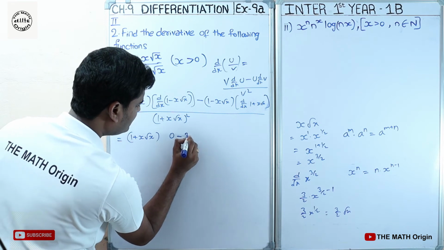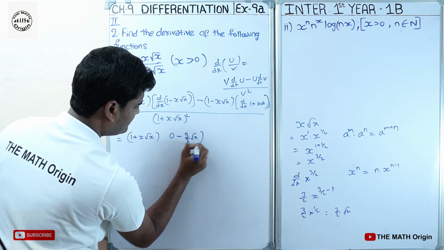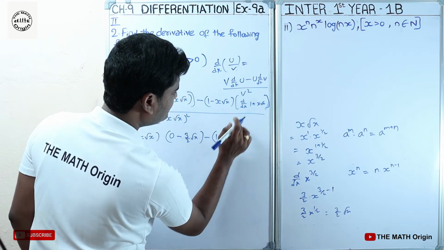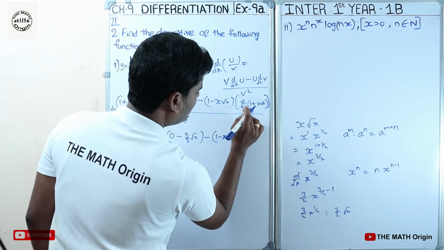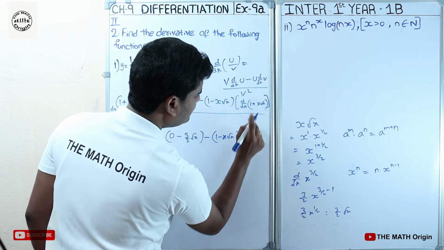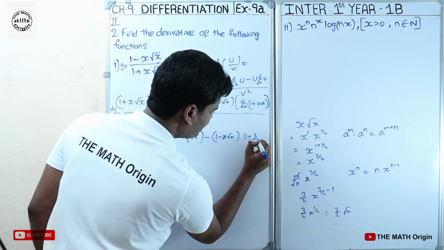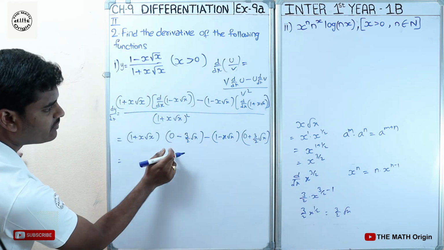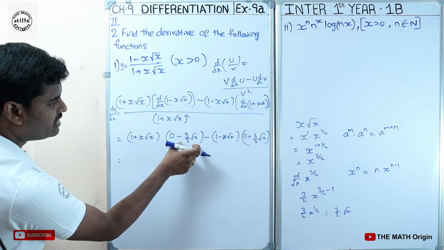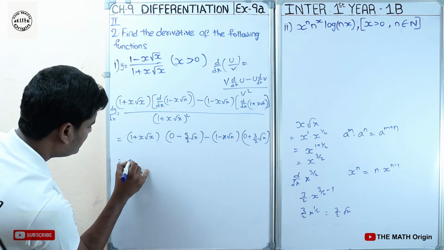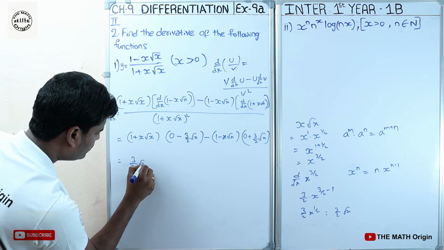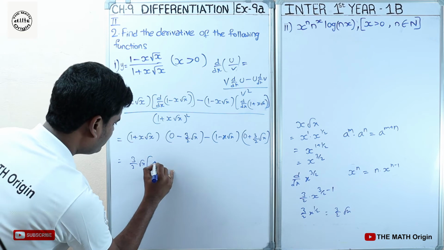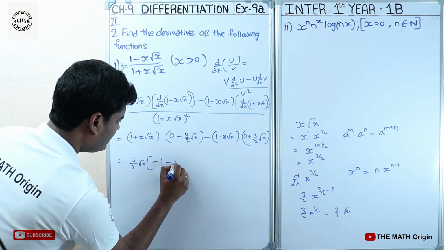So we have minus 3 by 2 root x, minus 1 minus x root x, it will be as is, and here it will be d by dx of 1 is 0 plus x root x is 3 by 2 root x. Okay, therefore let us expand the complete equation, and 3 by 2 root x is common in both. So if I take 3 by 2 root x common, here it will be minus 1 minus x root x.